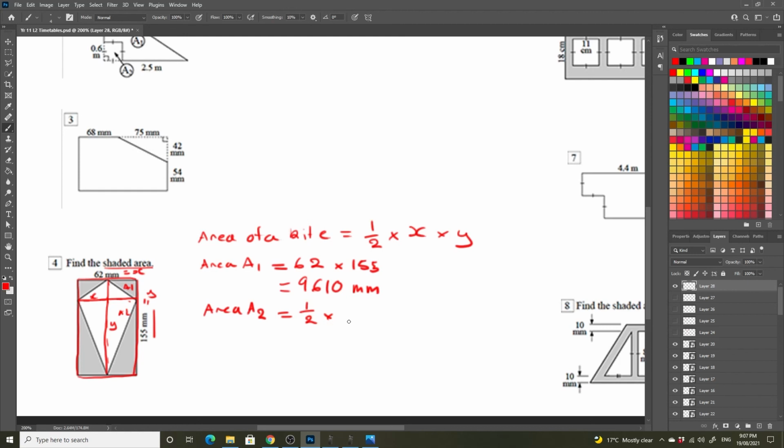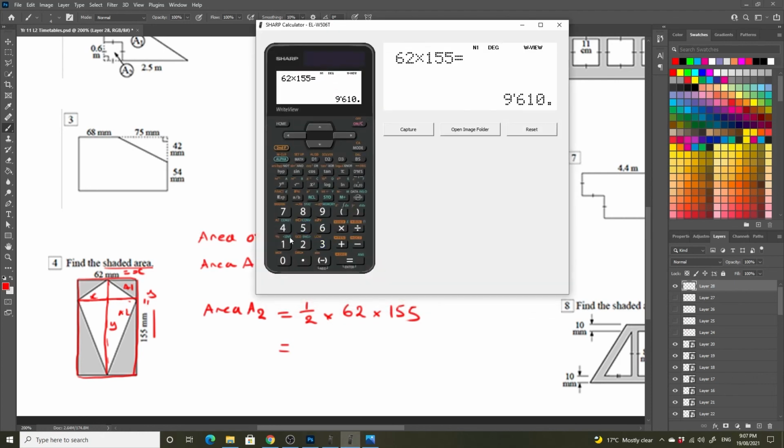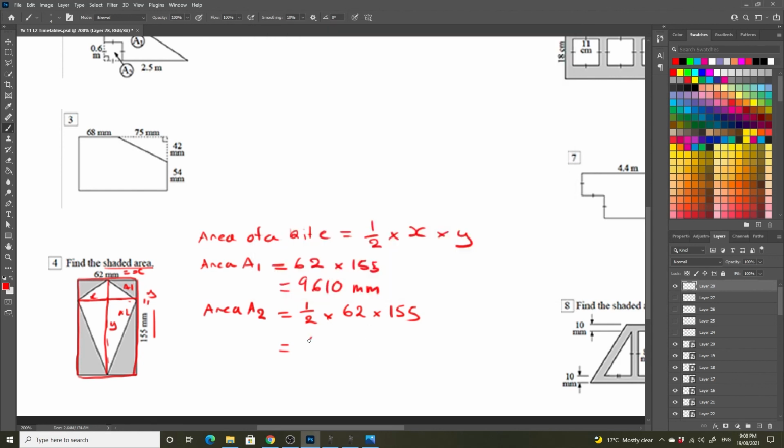So the area of our kite becomes half times 62 times 155, which is equal to 4,805 millimeters squared.